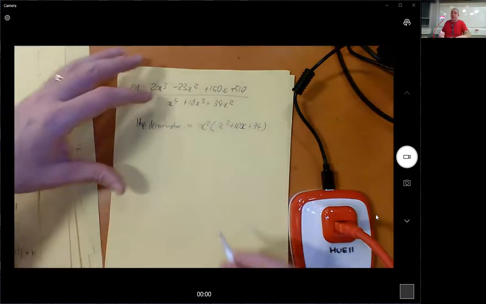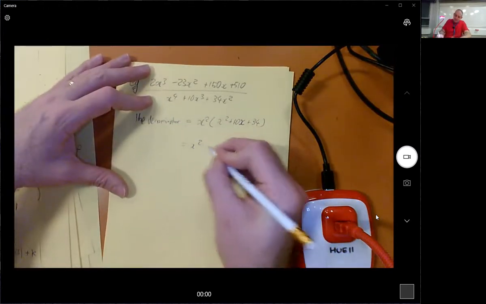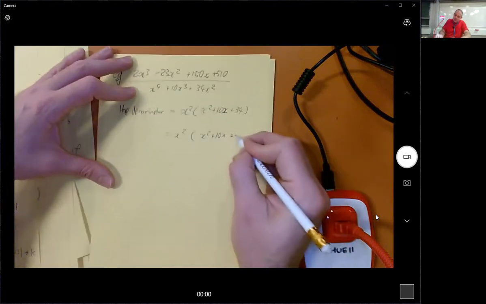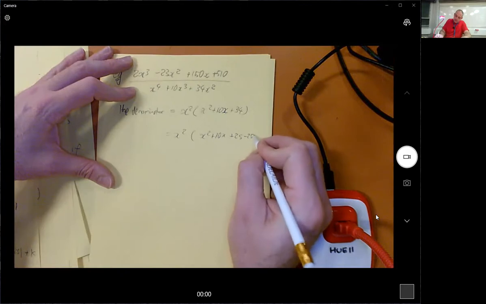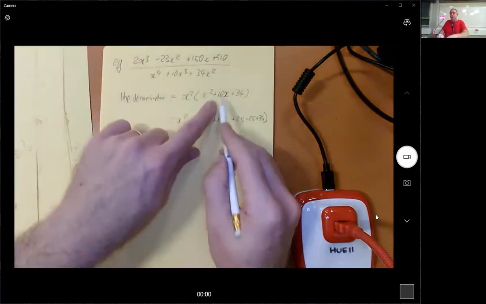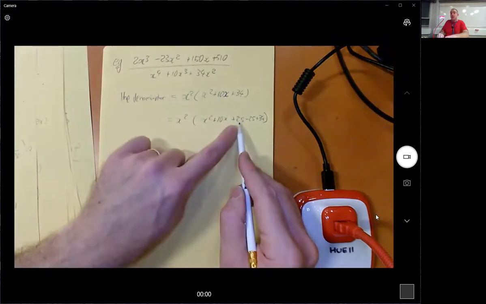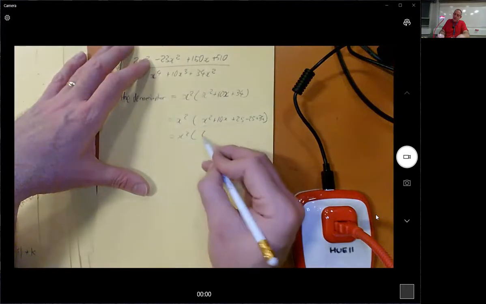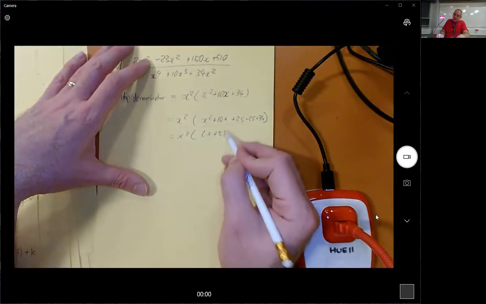I'm just going to do that properly. That's me completing the square. This divided by 2 and then squared is 25. And when I factorize this, it's going to be x plus 5 squared.